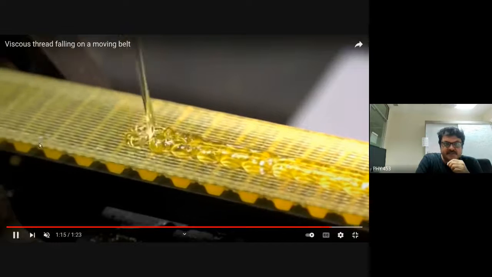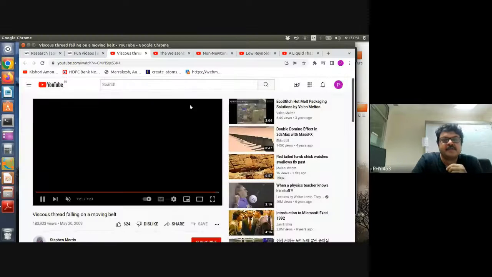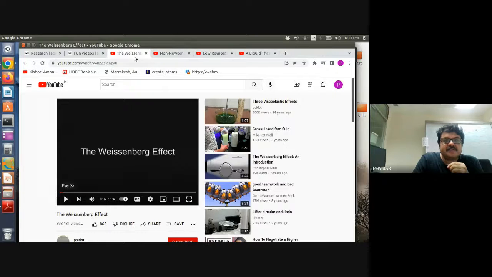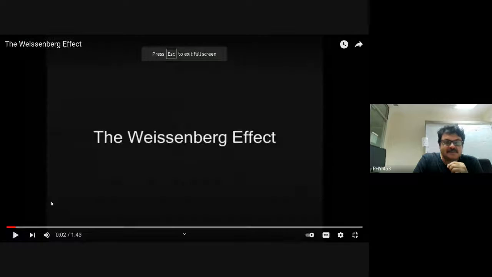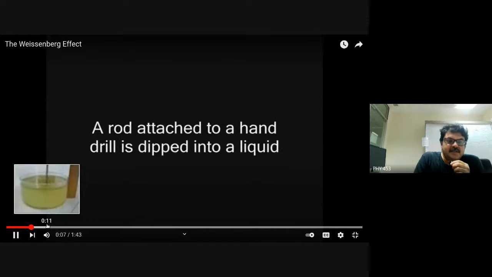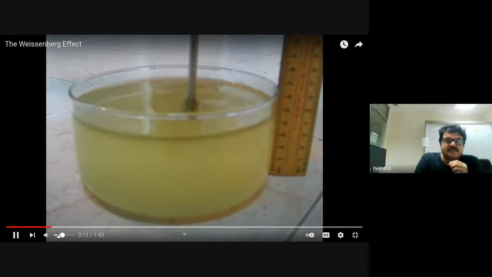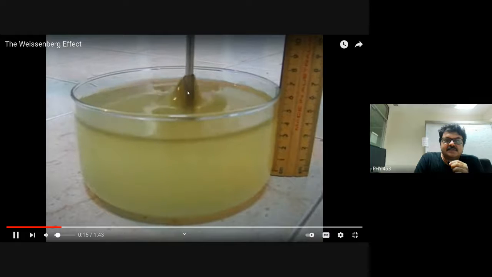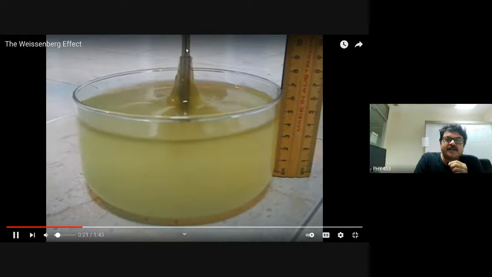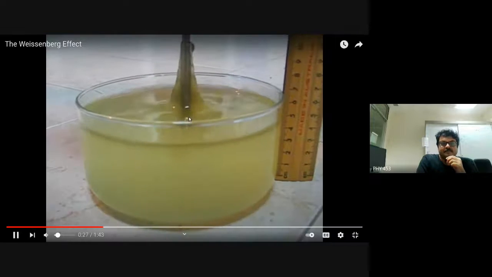You see, this is moving at an extremely slow rate. Stephen Morris, University of Toronto. Now the so-called Weissenberg effect. Here you have taken a non-Newtonian fluid and you are rotating it, and you see that the fluid is climbing up this rotating rod.